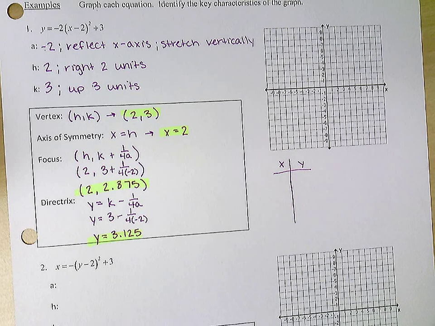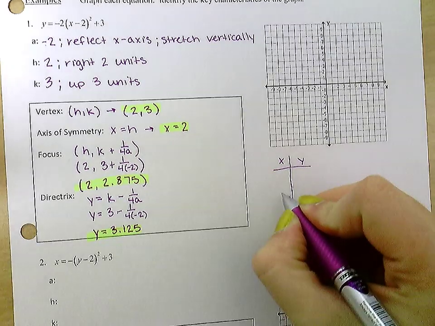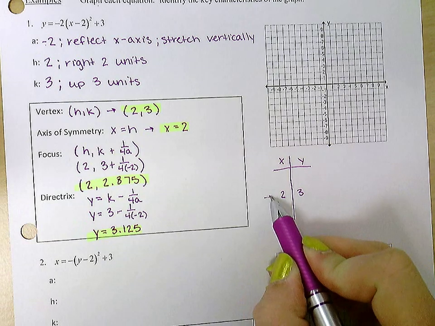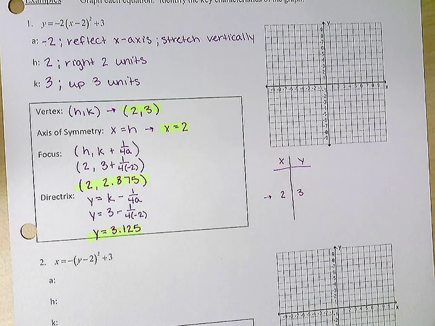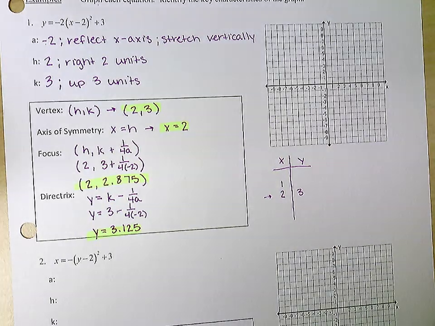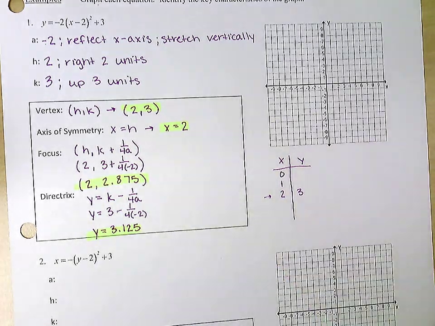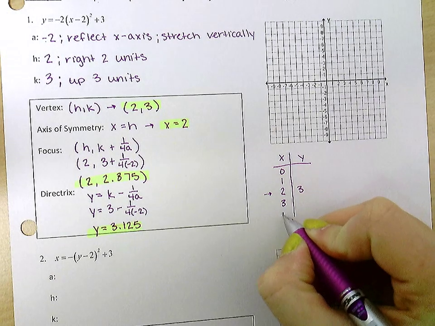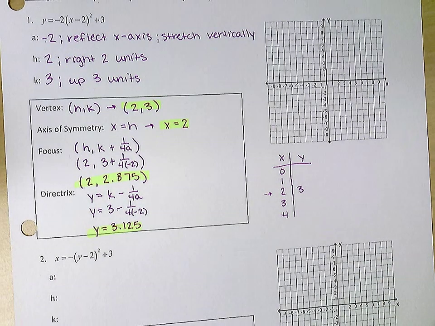All right, since my vertex is at (2, 3), that's my middle value that I want to use. So I want points surrounding that. I'm going to plug in 1 and 0, and then 3 and 4.